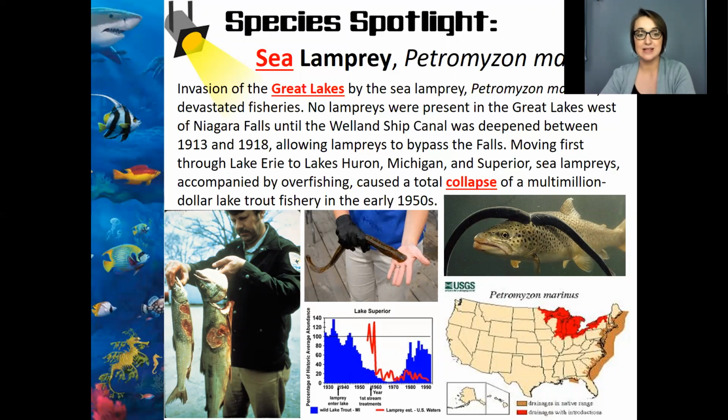This was back in about 1913. When they built this big pass, it allowed these animals to come into these freshwater environments. So Lake Huron, Lake Michigan, Lake Superior, all of these areas were invaded by sea lampreys, and as an invasive species, they completely ruined the fishing in these areas, because they had just absolutely spawned out of control.